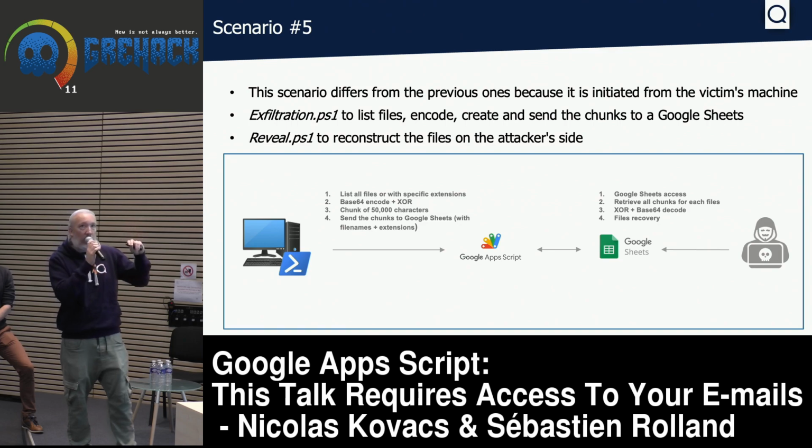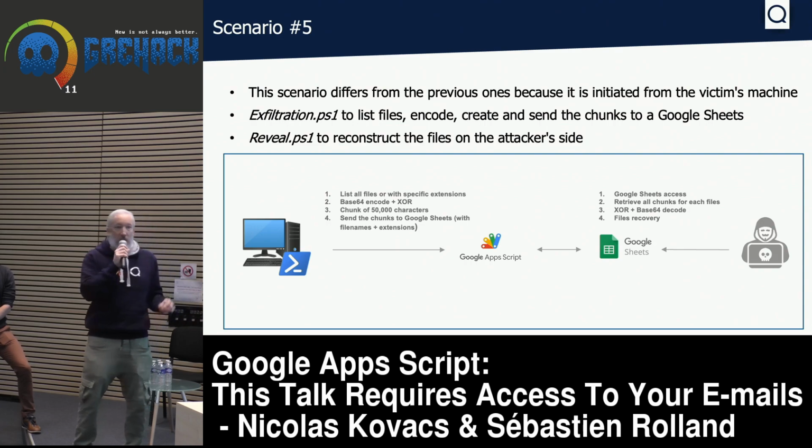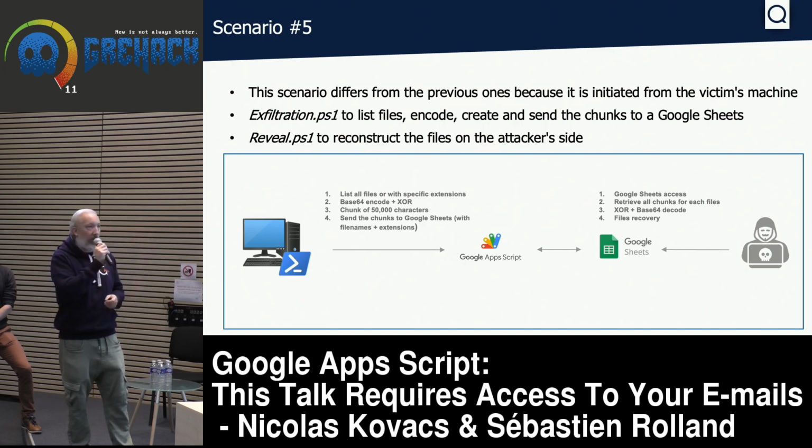In fact, our customer wanted us just to verify if on a computer of this company it is possible to exfiltrate data and use Google App Script to exfiltrate the data, but not just by accepting a link as in a phishing scenario.